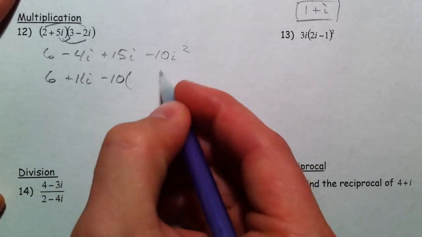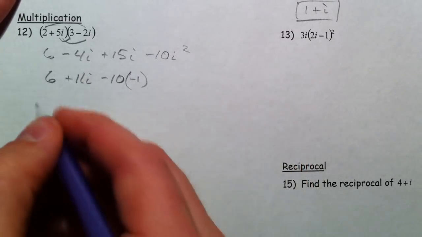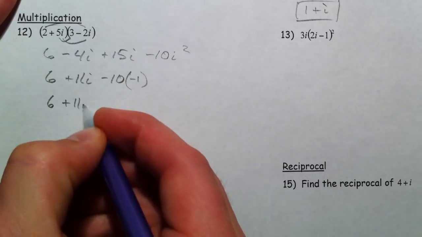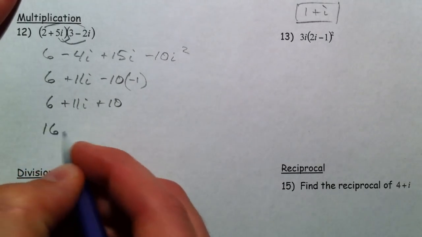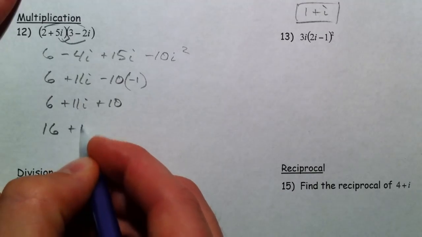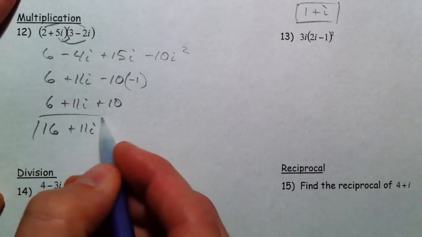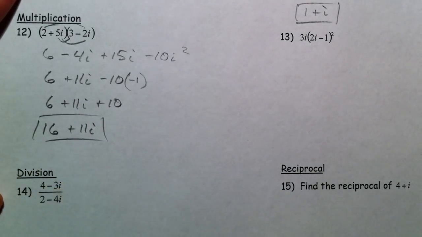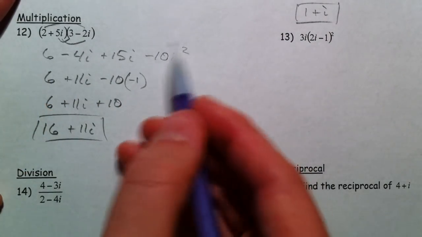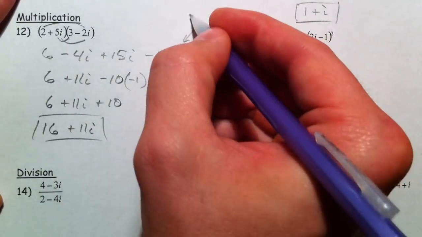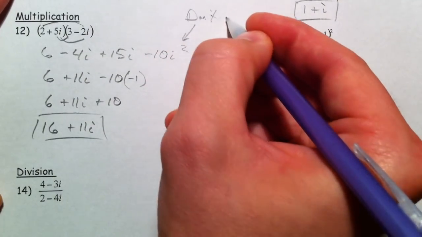Now the i squared, remember, is negative 1, and so that is really the trick here. Because most of you guys are good at dealing with multiplication and foiling, as you call it. First, outside, inside, last. But take care, don't forget to simplify.